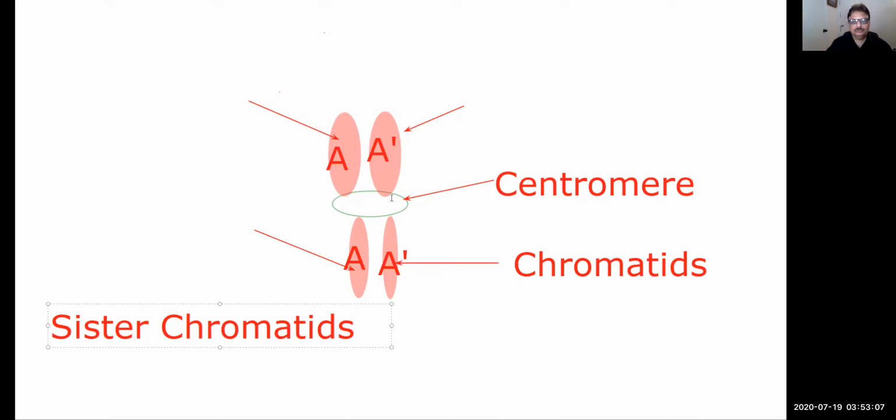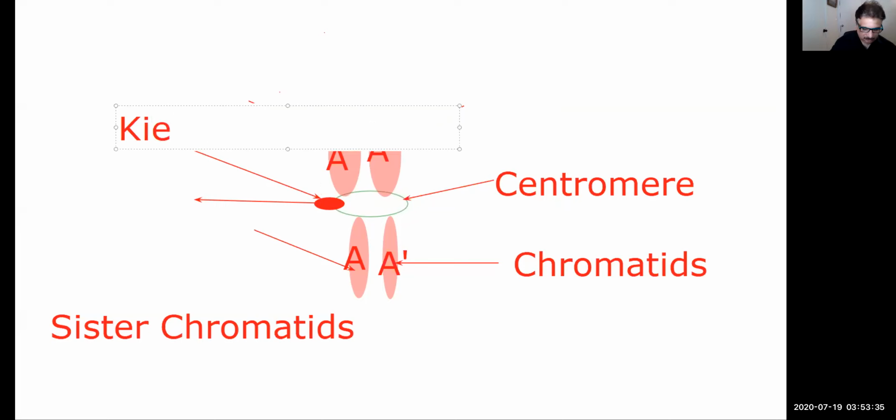So spindle fibers emerge from the centriole and attach to the centromere. This is the place where the spindle fibers attach. And how does it attach? It attaches through a structure called the kinetochore.